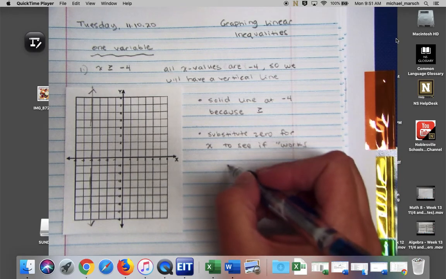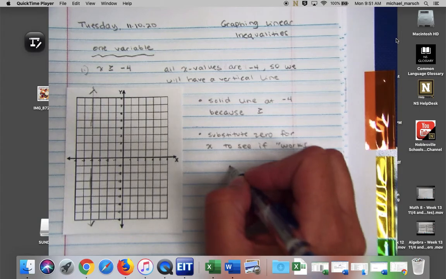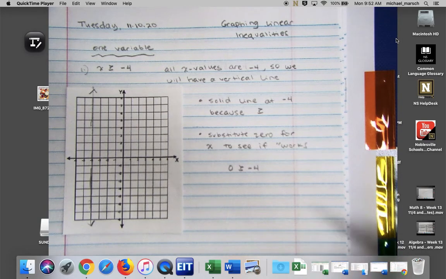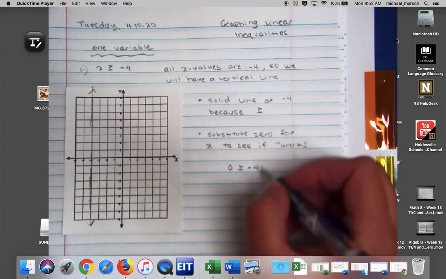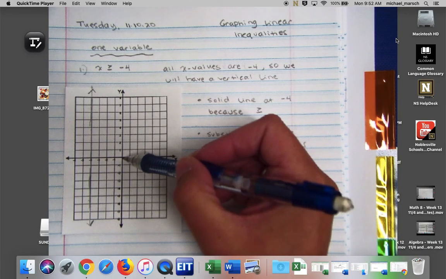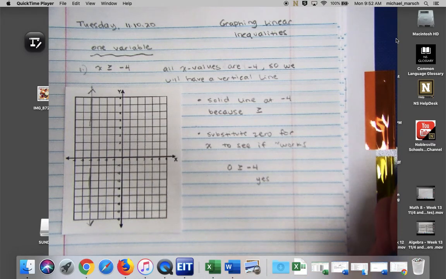Okay, so what that looks like is I'm going to put a 0 here, right? So now I have 0 is greater than or equal to -4. Does it work? Yeah, 0 is greater than or equal to -4. So since that works, that tells us that the point (0, 0) is going to be a solution to this linear inequality, right?